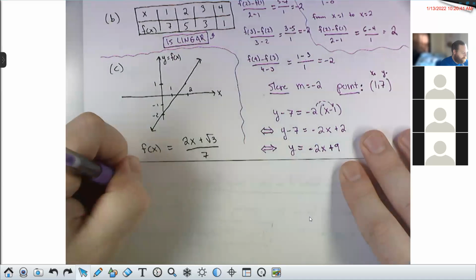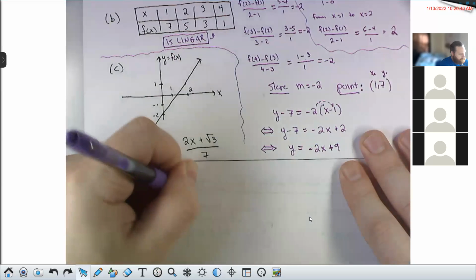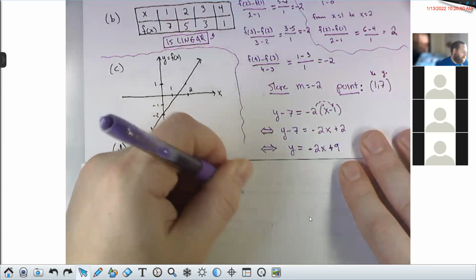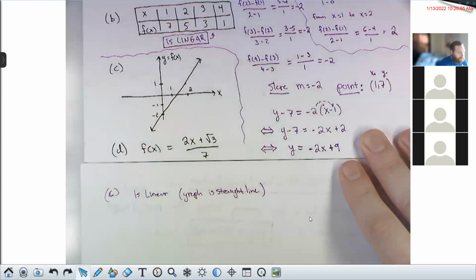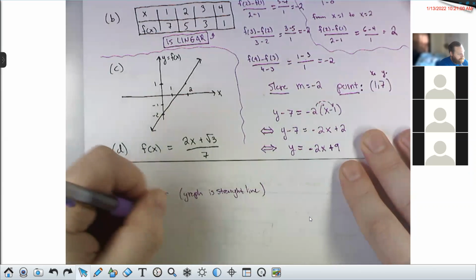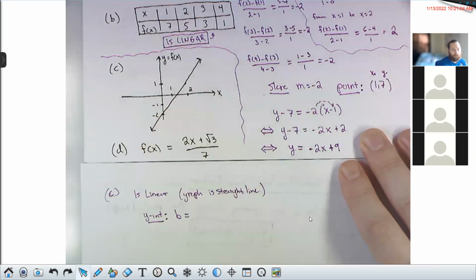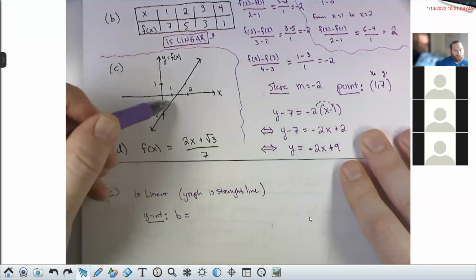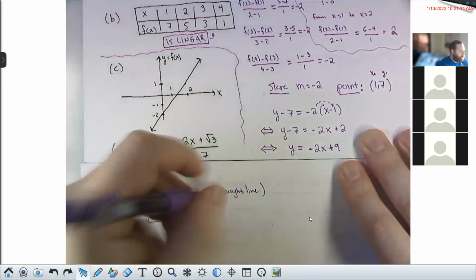Yeah, because the graph is a straight line. And can you tell me the y-intercept? Very good, right? It's the y-coordinate where the line crosses the y-axis. That's negative 2. Can you tell me the slope?